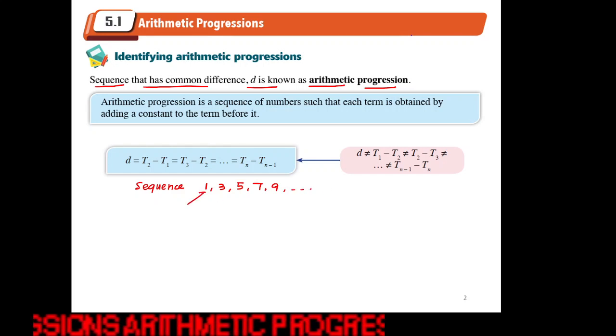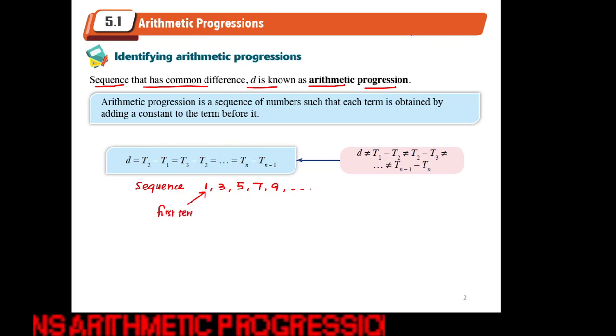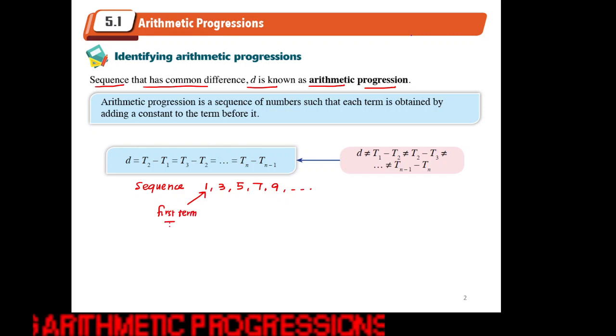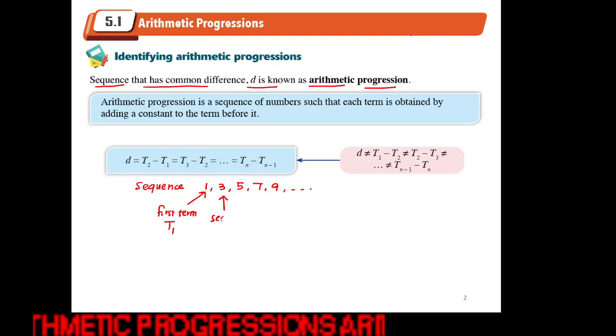Let's say this is the first term of this sequence, where I denote it as T1, and this is the second term.